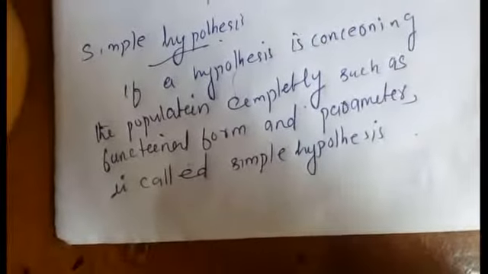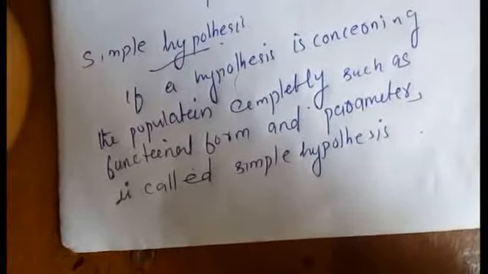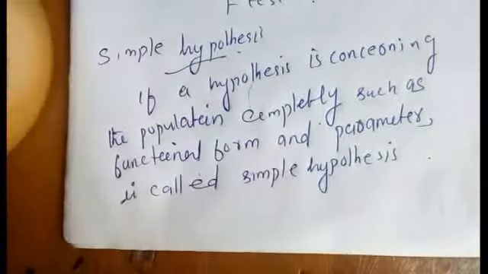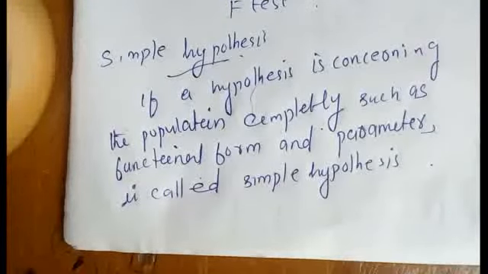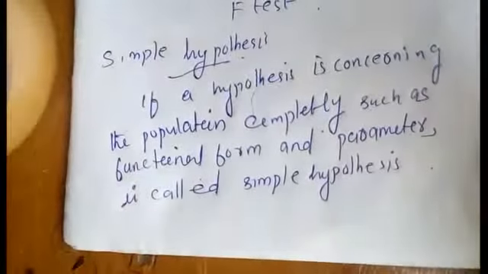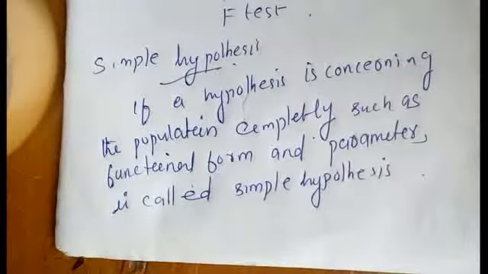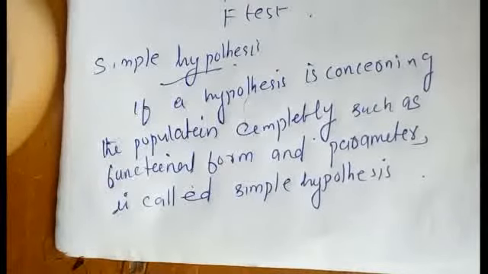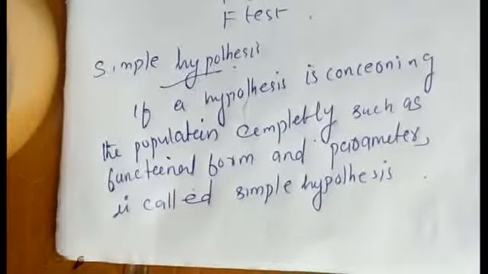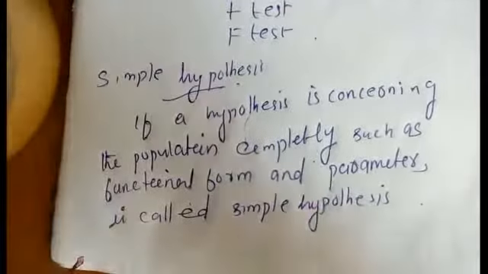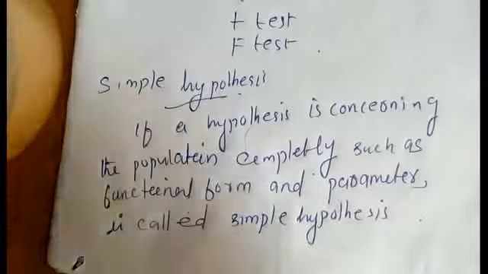One more example of a complex hypothesis: the daily weight loss is greater for adults who follow a reduced calorie diet and exercise, food, etc. Our statement is that daily weight loss is greater for adults.